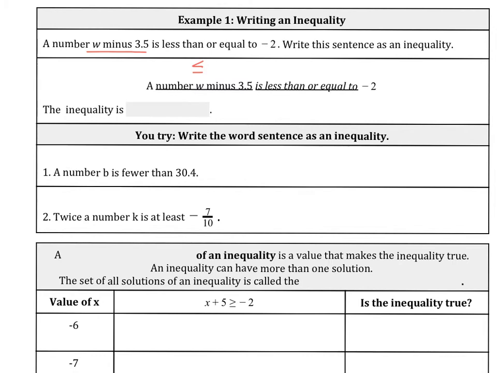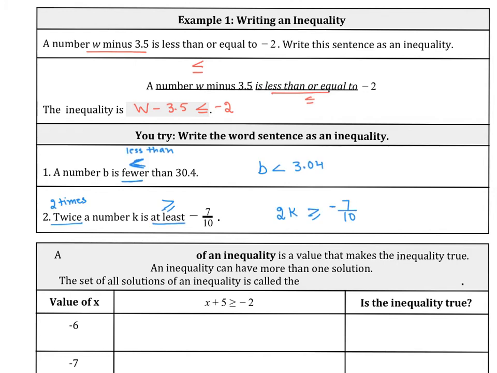Then the inequality will be w minus 3.5 is less than or equal to negative 2. Now pause this video and try these two problems, and we will go over them together.